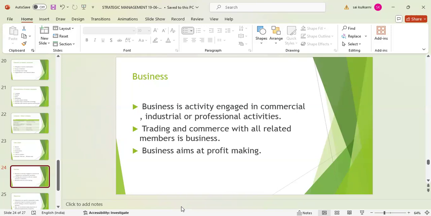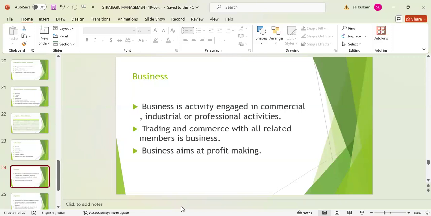And to support this trading, all different middlemen, the supply chain like warehouses, storage, packaging, branding, wholesalers, retailers, point of purchase, all these middlemen are required. That is commerce. So trading and commerce comprehensively are called business.